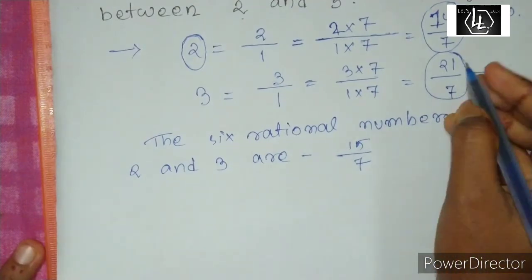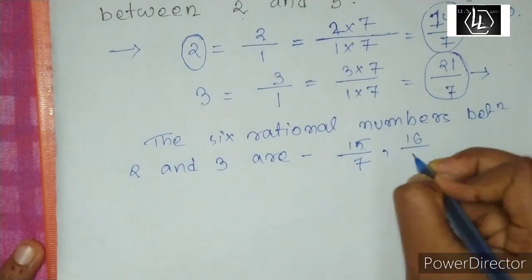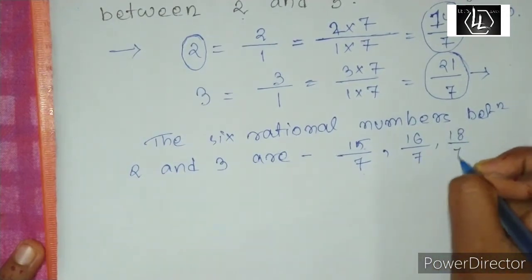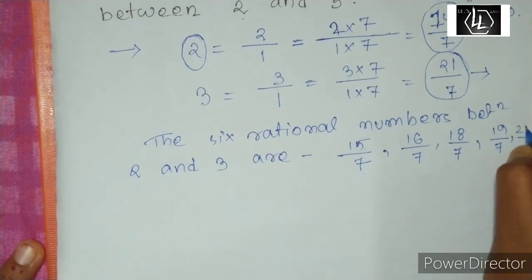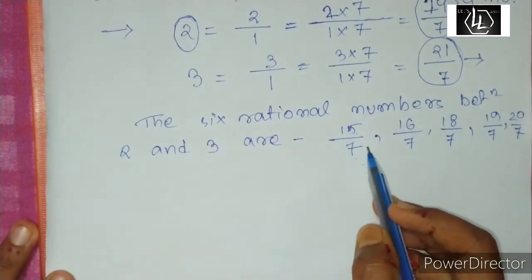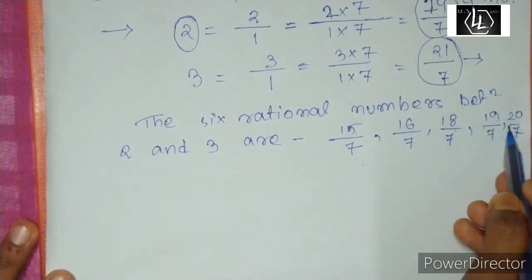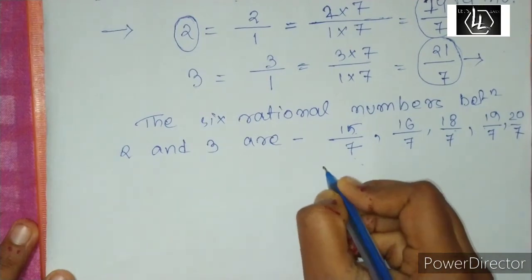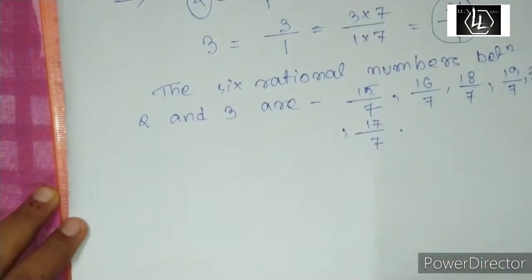So it starts from 15 by 7 and then 16 by 7, 18 by 7, 19 by 7 and 20 by 7. So how many numbers? 1, 2, 3, 4, 5, and we have missed one number, that is 17 by 7.